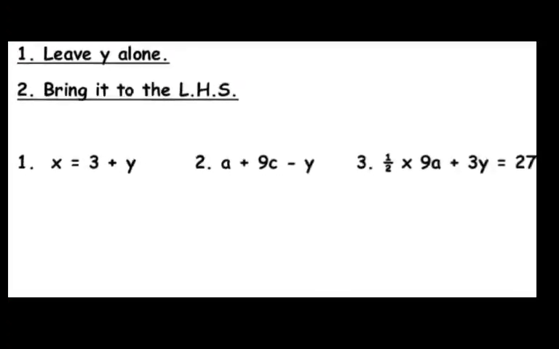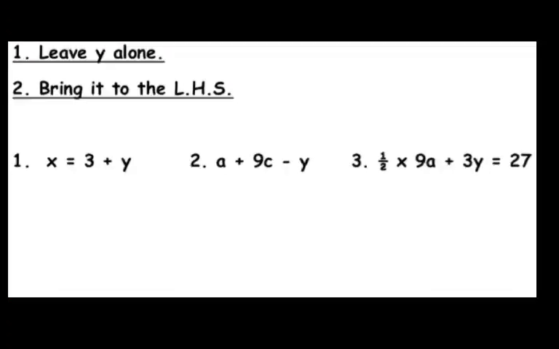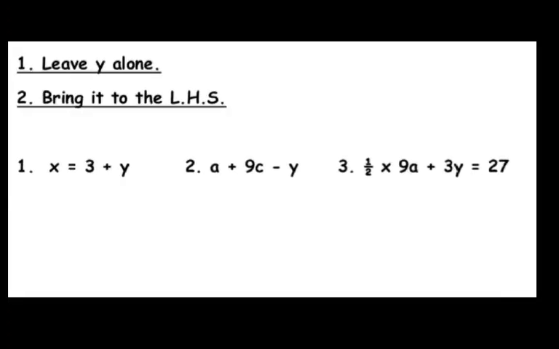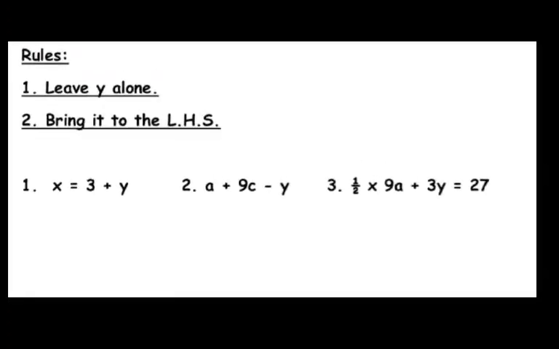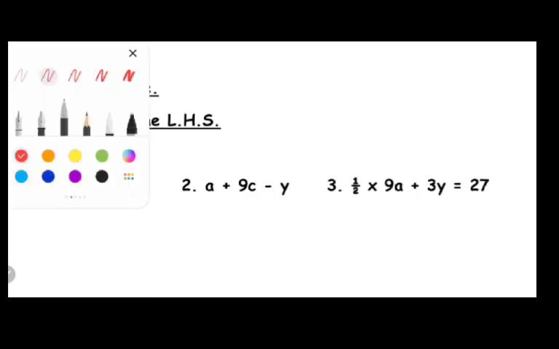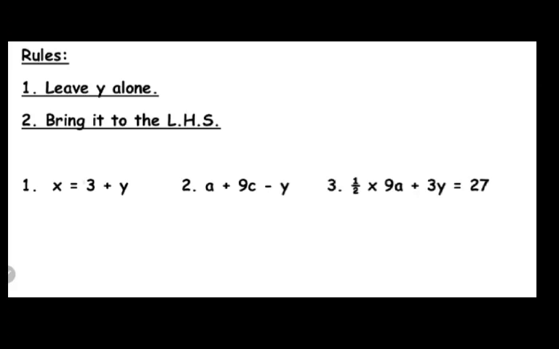Let's look at these sums. Here we go. So the first sum says x is equal to 3 plus y. So first rule, let's leave y alone. That means I will bring 3 on the other side.